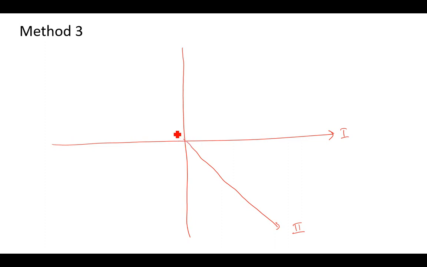So say in lead 1 the positive deflection is 6 small squares, and in lead 2 say positive deflection is 8 small squares and negative deflection is 2 small squares, okay.